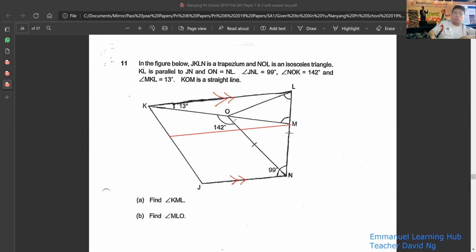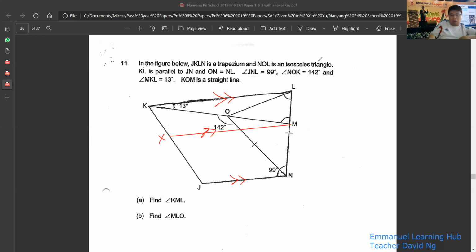Okay. For this question, it's better you draw this line. Let's call it XM. That's also parallel to these two lines.